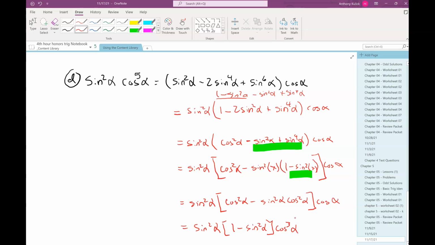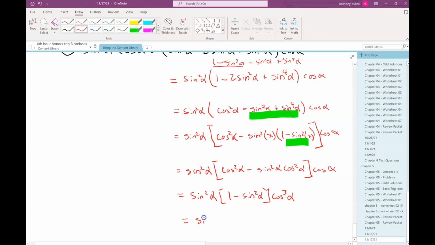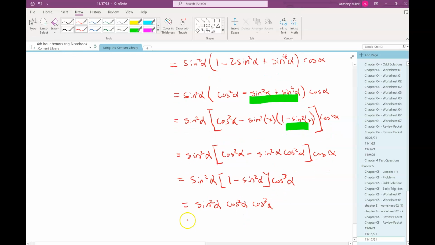It's not a big deal. What do you see now? Amy? Yeah, the 1 minus sine squared is also a cosine squared. And that's everything we needed, right?